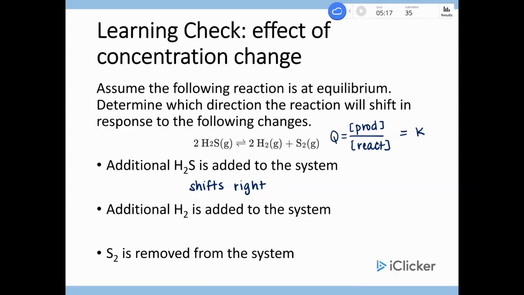Second question, additional H2 is added. So now we're adding more product. Adding stuff on the right side will cause a reaction to shift left. We have more product there that will react, and that means the reverse reaction will proceed, and this will shift left.